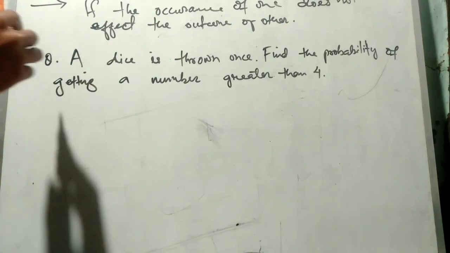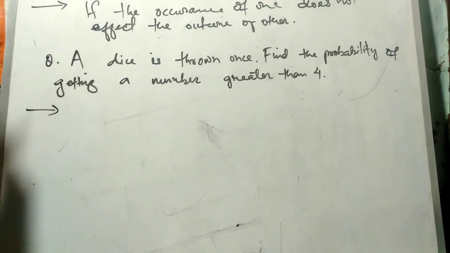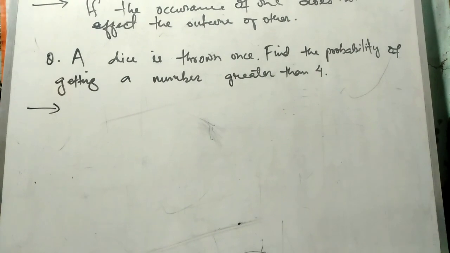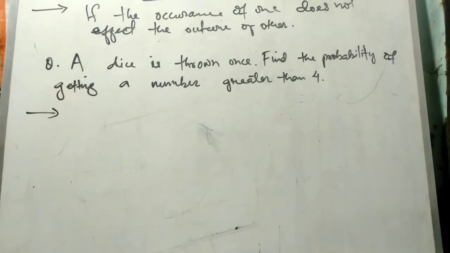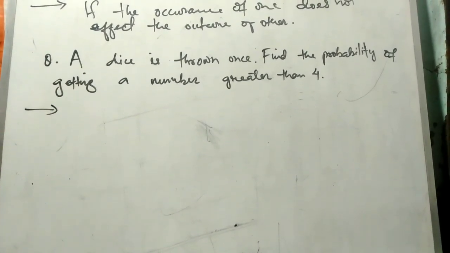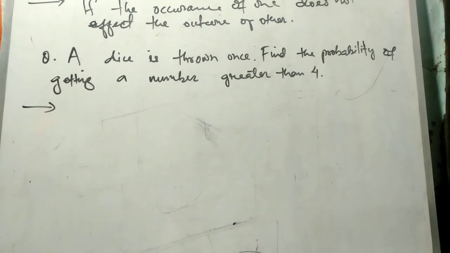Okay, now let us go to question number 3. A dice is thrown once. Find the probability of getting a number greater than 4.